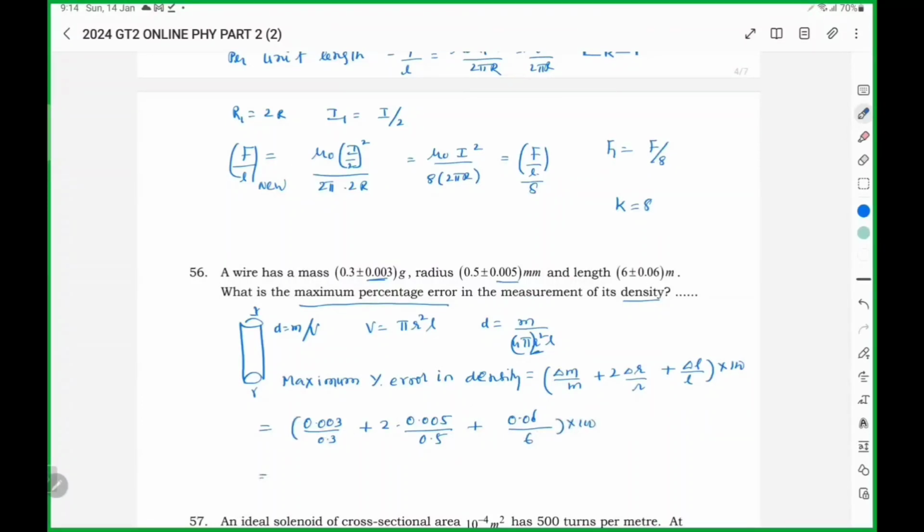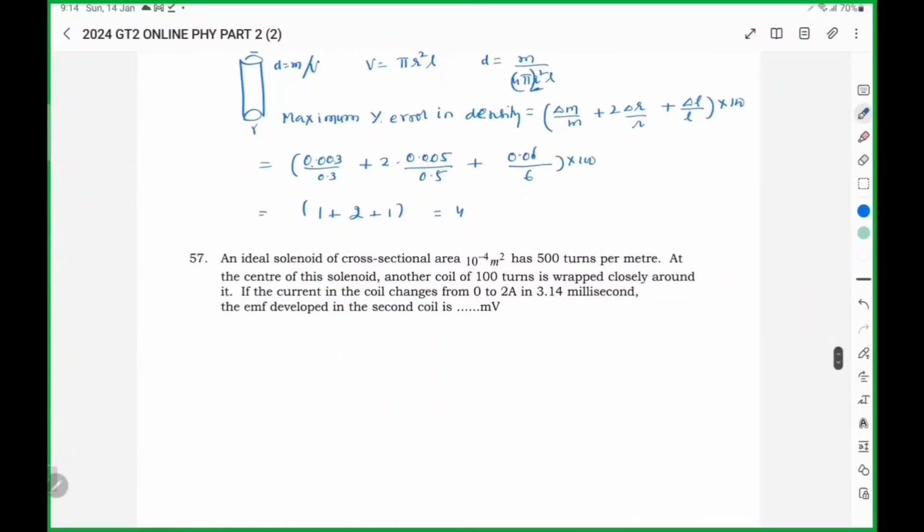So if you multiply by 100, it's 1. So here it's 0.5 by 0.5, 1, 6 by 6, that is how much? 4%.